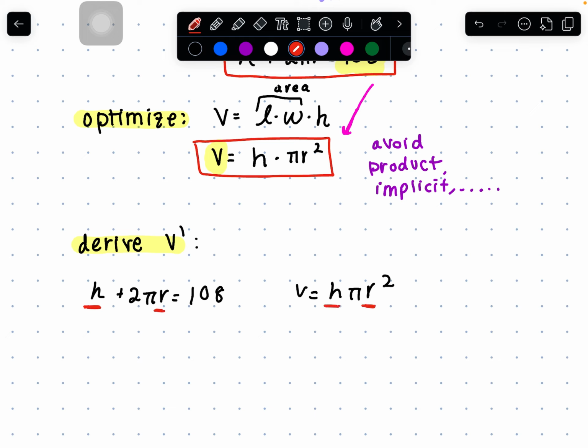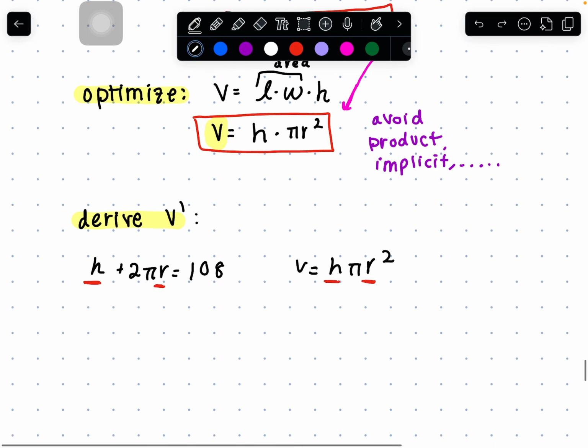So again, just solve for the easier one. It looks like h is going to be easier to solve for. Again, I don't want to FOIL things out if I plug in for r squared. So h is equal to 108 minus 2 pi r.